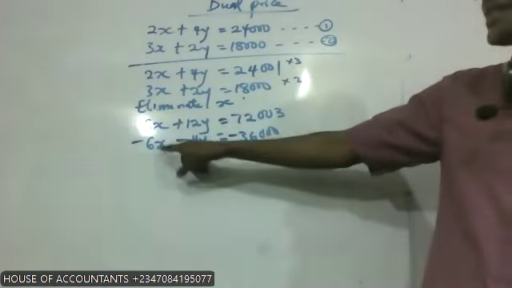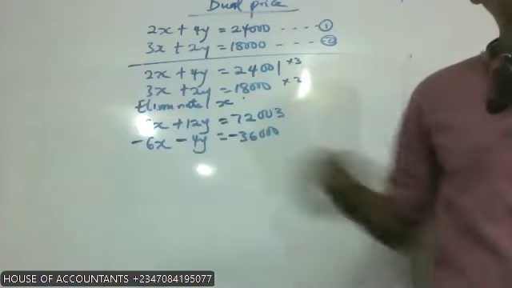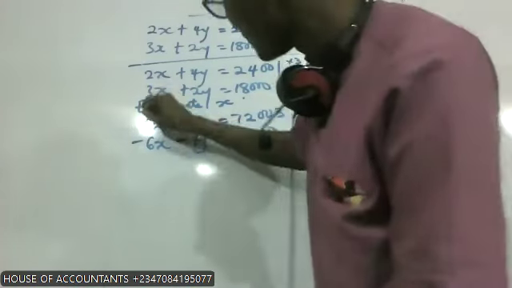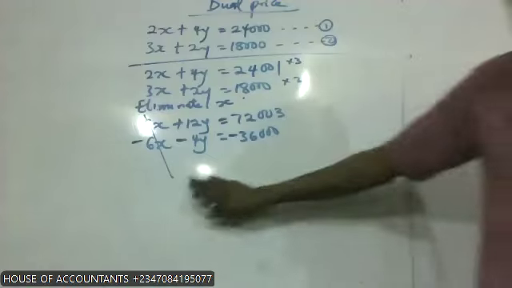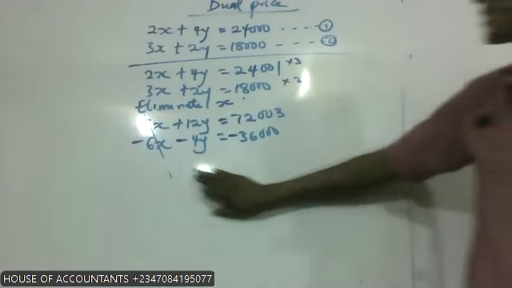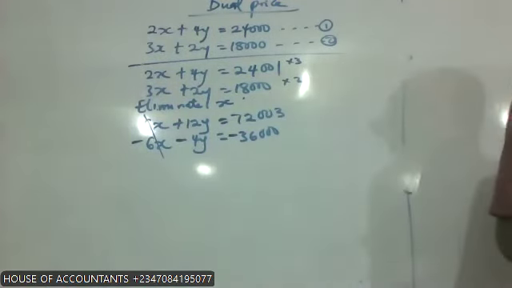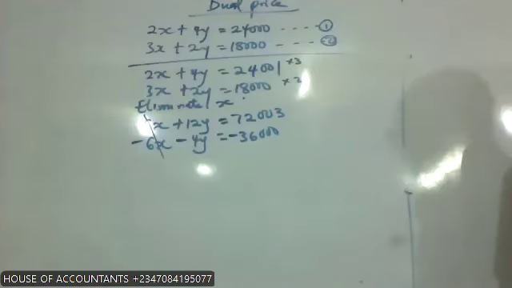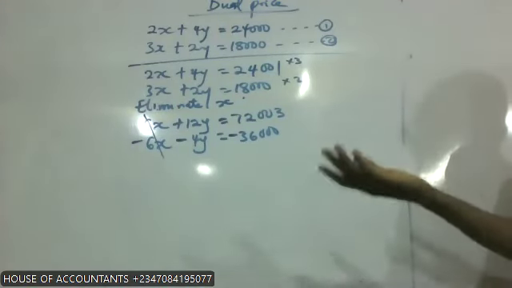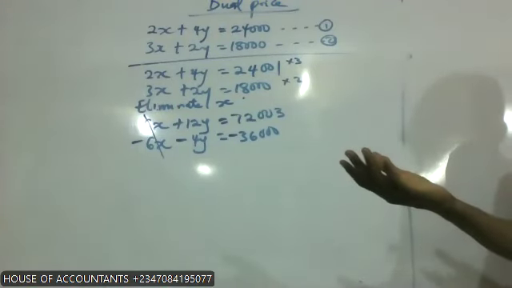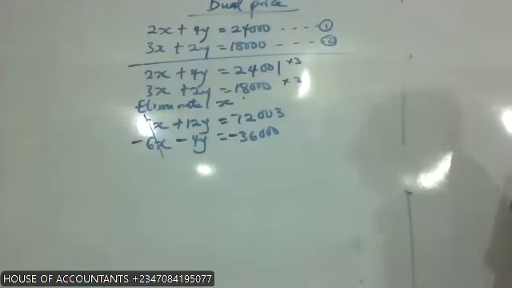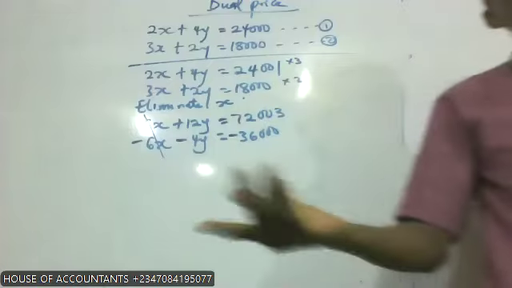Yes. With something like this, that's where you can now eliminate. That is 6x minus 6x, which will give us 0. Do we now understand? But if it is positive x and positive x, it will give us 12x.